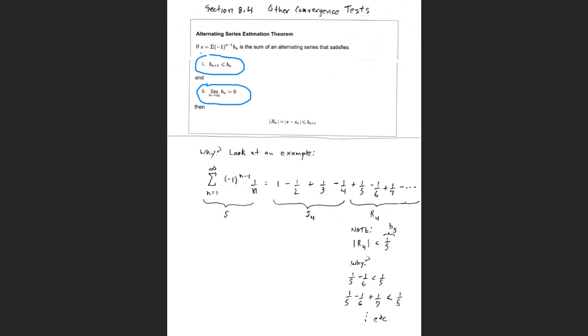If that's the case, then the absolute value of R sub n, the remainder, which equals the sum of the series minus S sub n, will be less than or equal to the n plus first term. We can phrase it another way.